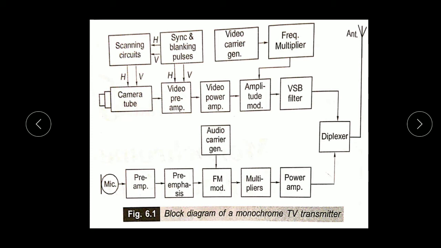We also need some scanning circuits, which produce horizontal and vertical scanning signals. We need this type of signal at the receiver. You also know about CRT tubes.